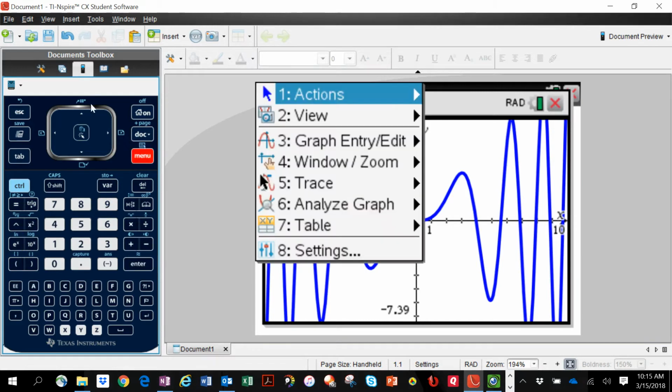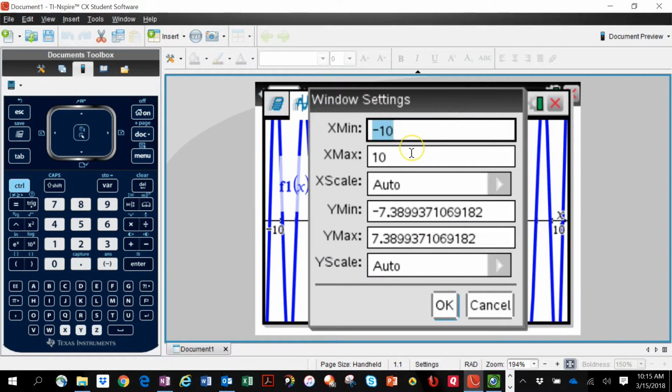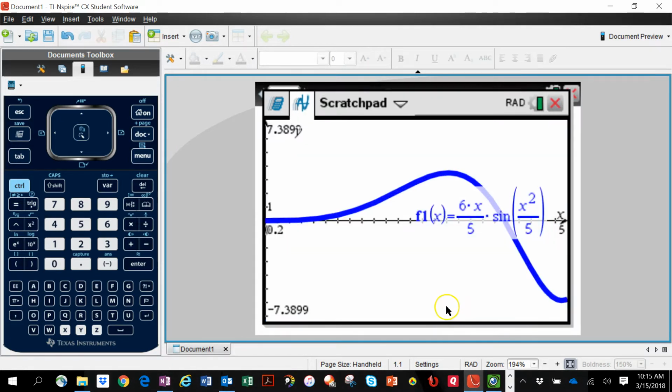Before I do anything else, let's make sure I change the window so that I only see the domain that the acceleration is defined on, which is from 0 to 5. And now we're going to look to see where is the velocity increasing, which is where's the acceleration positive.